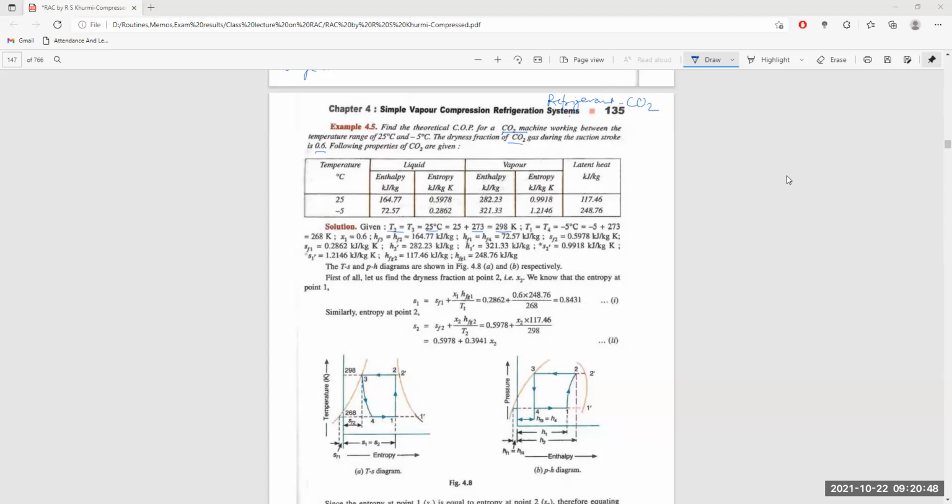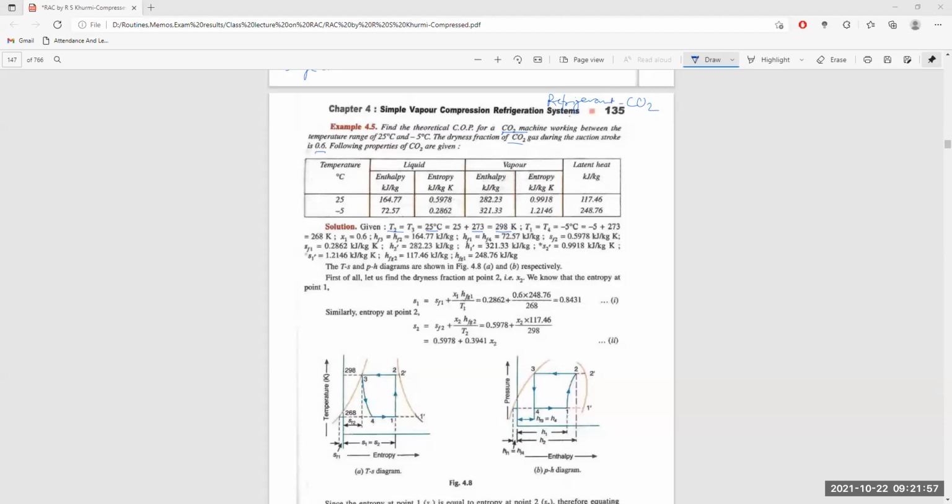The compressor is drawing the wet vapor mixture from the evaporator, and then due to suction, compressing it to the high pressure.